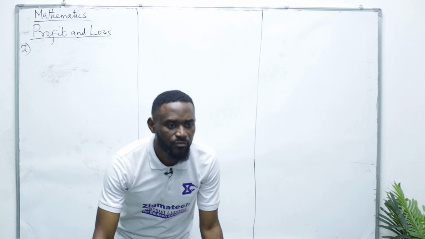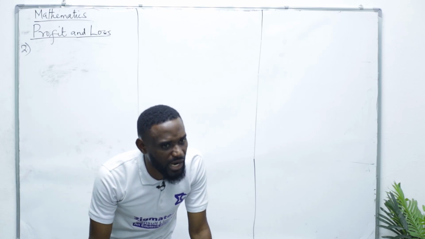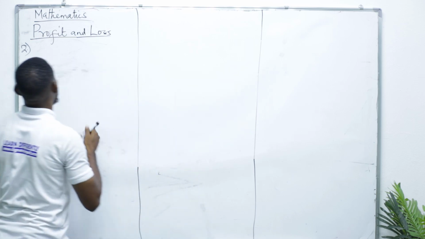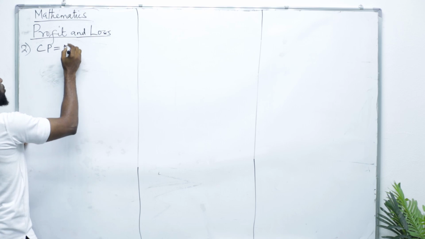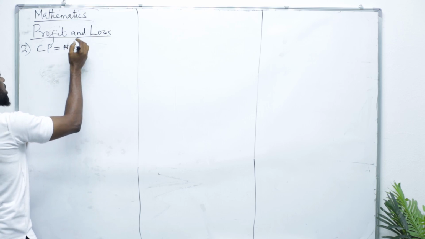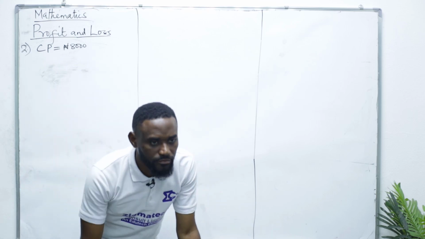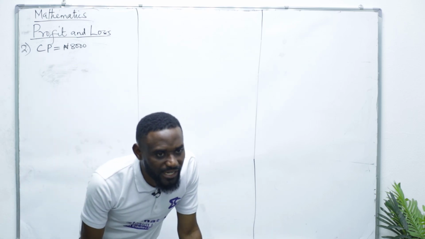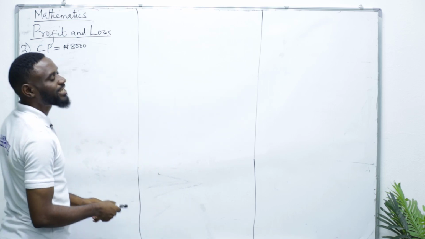They say this wristwatch costs 8,000 naira, meaning it is the cost price. So the cost price, CP, is equal to 8,000 naira, right? All right.